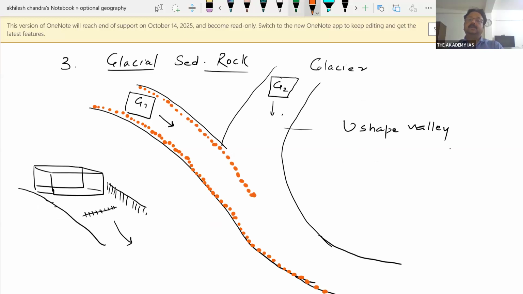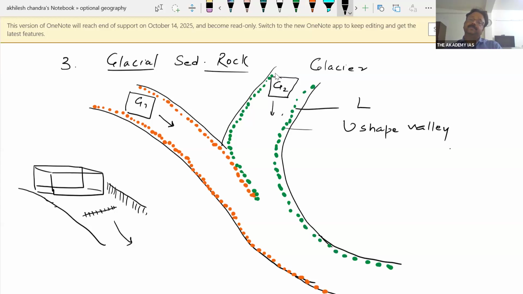And this is another glacier which is also bringing some moraine along its side wall. That is what we call lateral moraine. Along the side wall, the sediment brought by them is called lateral moraine.